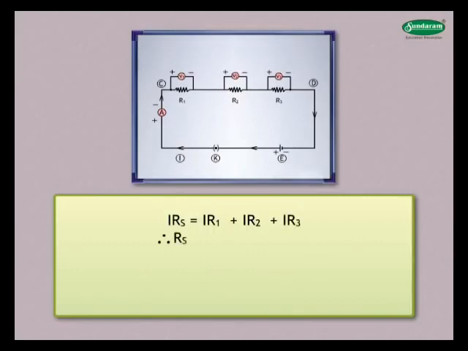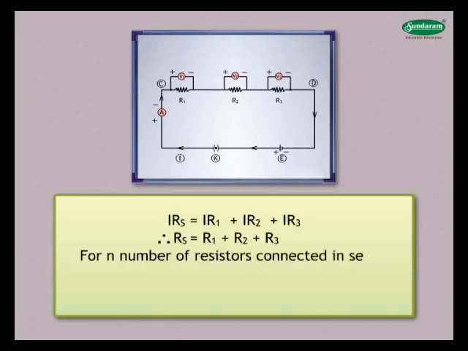Therefore, Rs is equal to R1 plus R2 plus R3. For n number of resistors connected in series, we get Rs is equal to R1 plus R2 plus R3 plus R4 up to Rn.